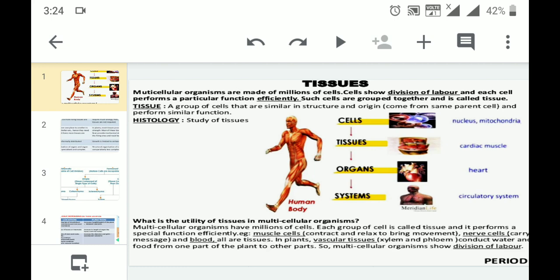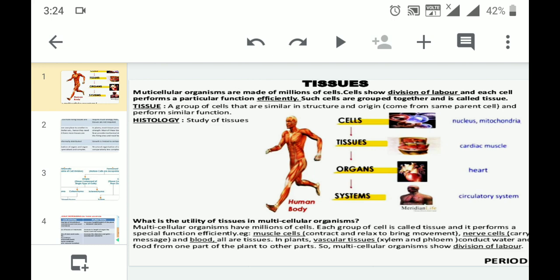Now, what is the utility of tissues in multicellular organisms? Multicellular organisms have millions of cells. Each group of cells is called a tissue and it performs a specific function very efficiently. For example, muscle cells, nerve cells, and blood.